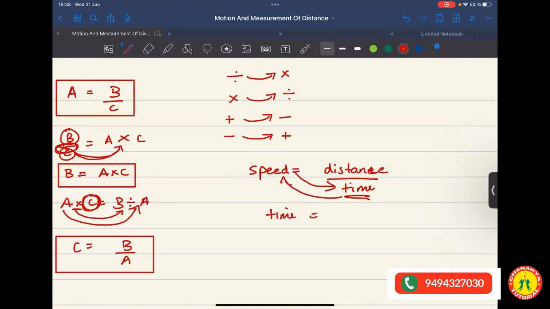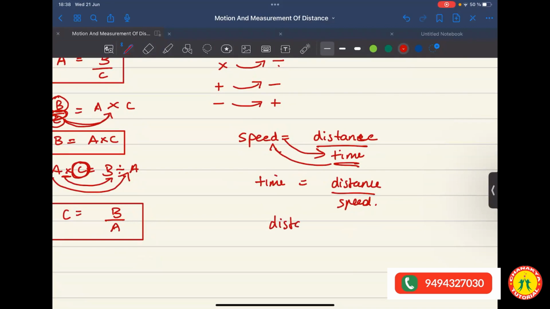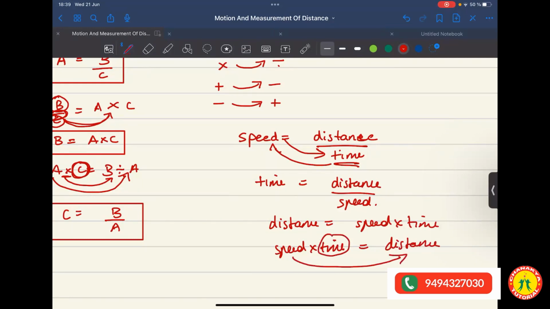So time becomes distance by speed. Or you also know that distance is equal to speed into time. You want to find the formula for time, keep it as it is, move speed to the side. You know it's multiplication here, it becomes division, distance divided by speed, which gives you this formula.